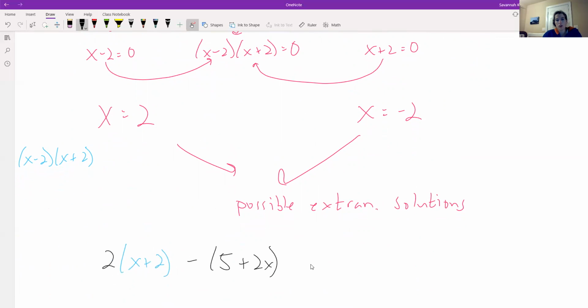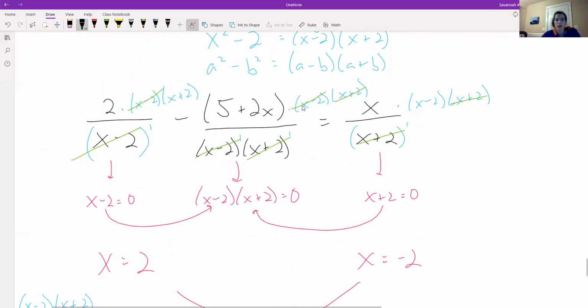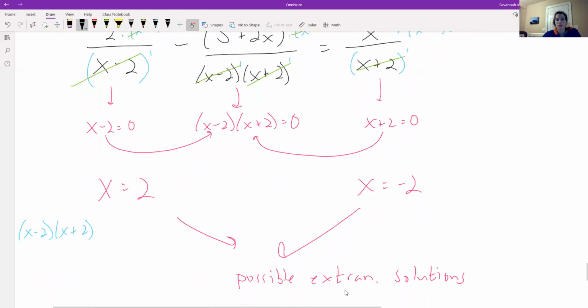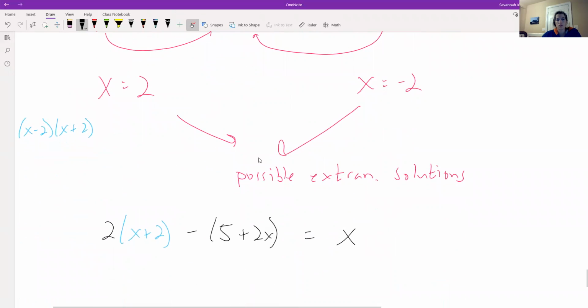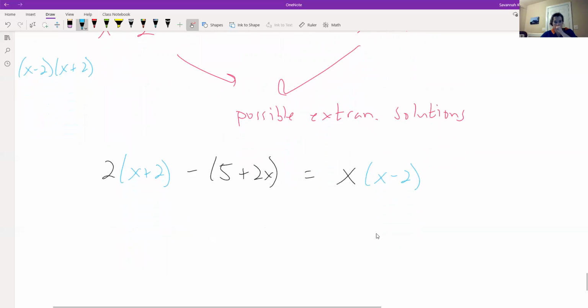And I believe here, there should be nothing to the right. Yeah, everything canceled out. And then over here, past the equal sign, I've got x times x minus 2. Okay. One nice line with no denominators. Just a little bit of algebra ahead of us before we can start getting some possible solutions.